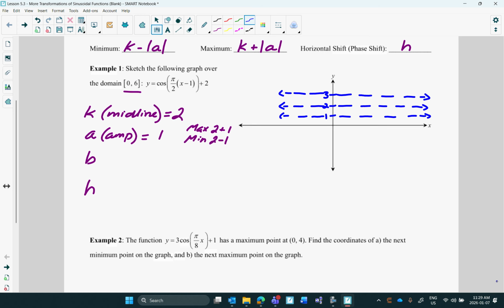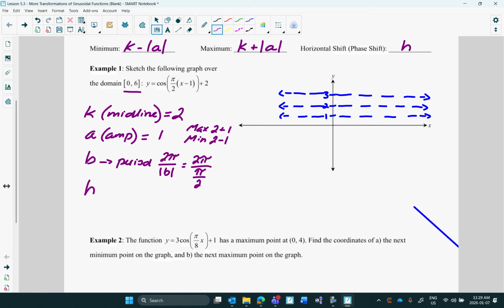Period. Well, we use B to find the period. So the period is going to be 2 pi over the absolute value of B, which is 2 pi over pi over 2.